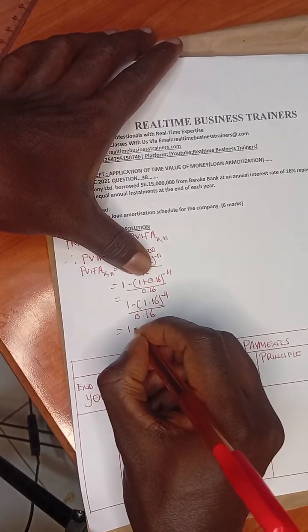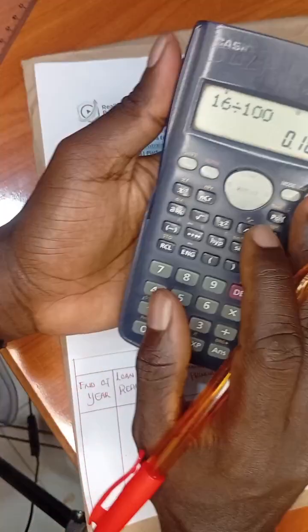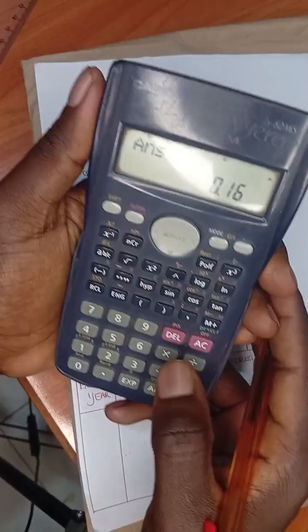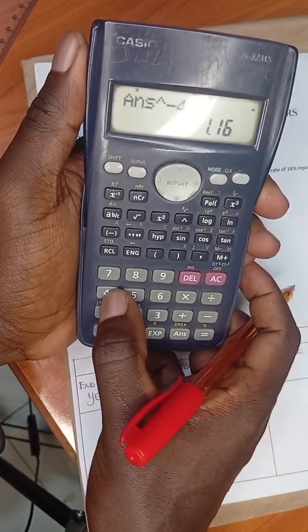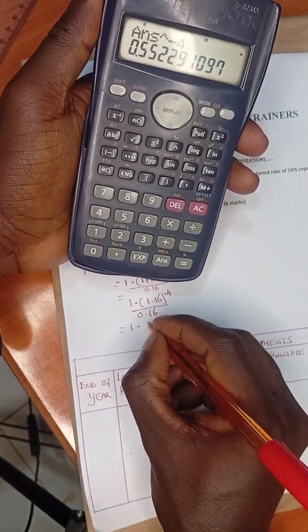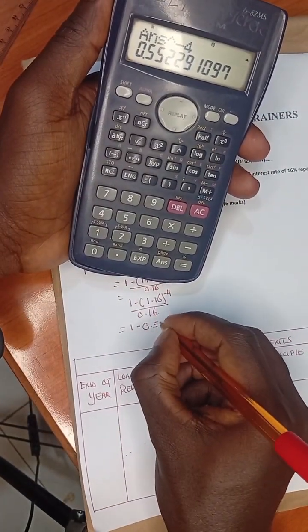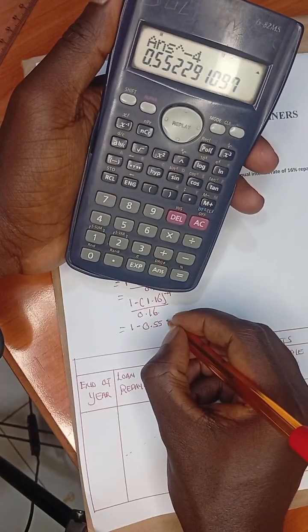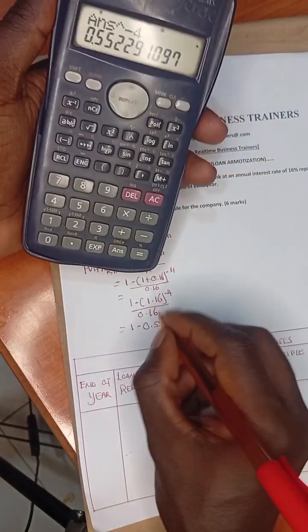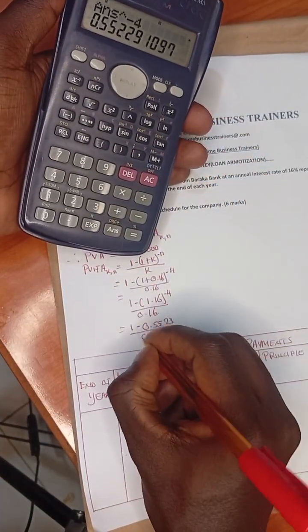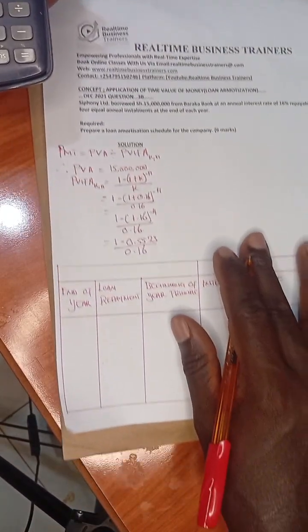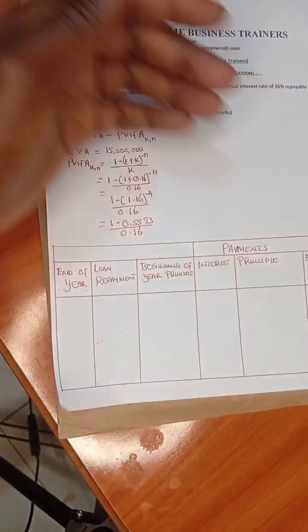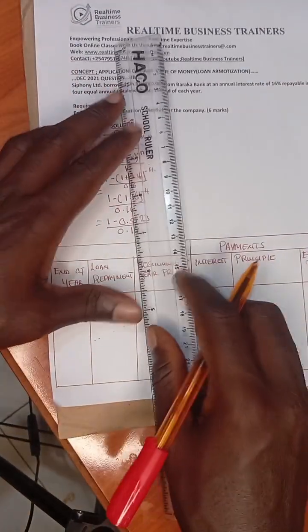That is 1 minus: you want 1.16 here, then you power negative 4, and you get 0.5523. Then that answer over 0.16. I hope you are together up to this point. From there, we continue.